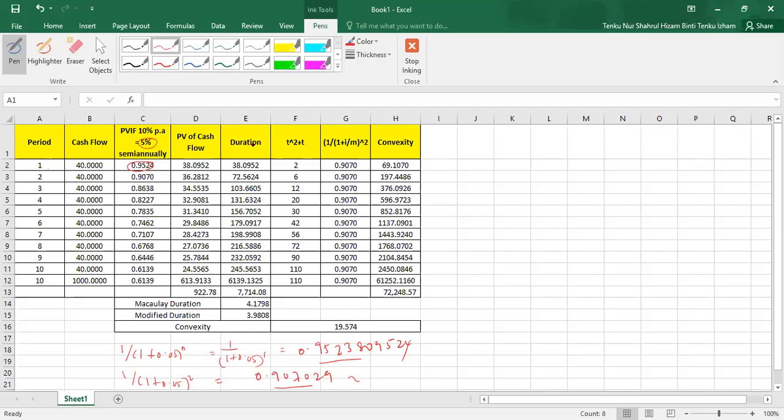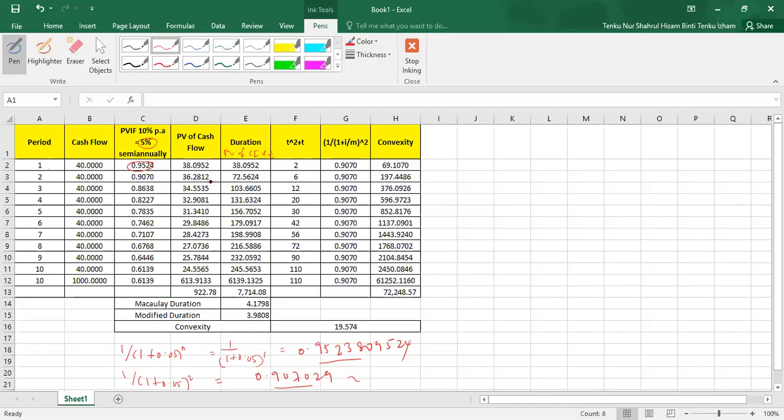How do you calculate the duration? We calculate the duration by PV of cash flow multiplied by T. So you can see the first cash flow PV 38.0952 multiplied by 1 to get the duration of 38.0953.